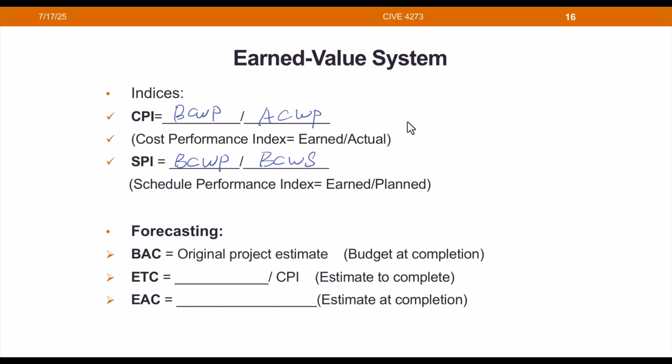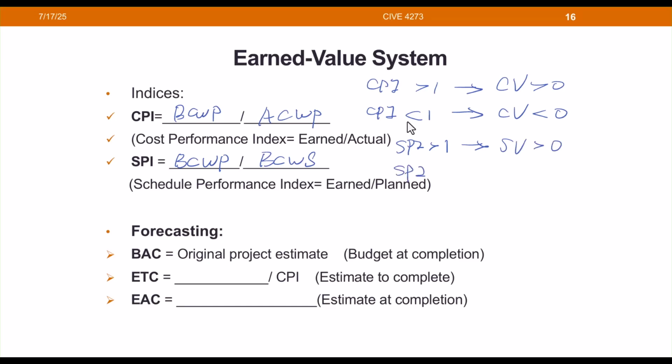So for CPI greater than 1 corresponds to cost variance greater than 0, and CPI smaller than 1 corresponds to CV smaller than 0, and SPI greater than 1 corresponds to schedule variance greater than 0, and SPI smaller than 1 corresponds to a schedule variance smaller than 0.